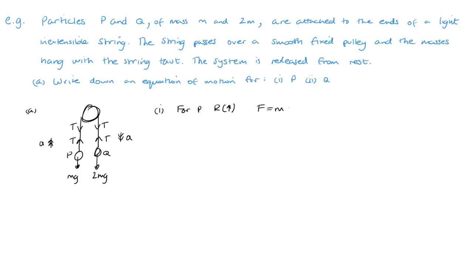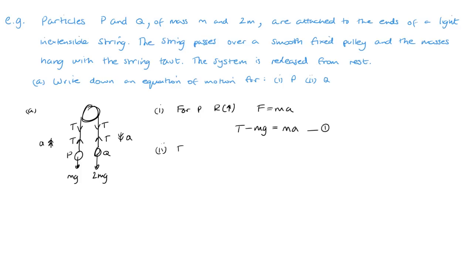And we're using F equals ma. So T is going to take it up, and mg will take it down, and then it's going to be equal to ma, and we don't know what a is. So that is my first equation.